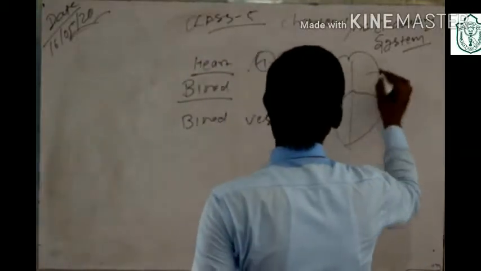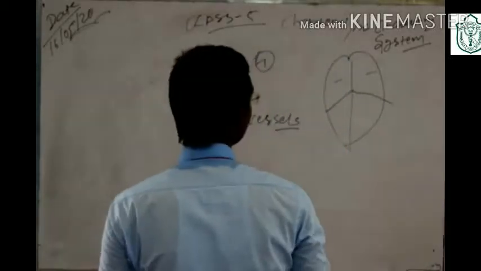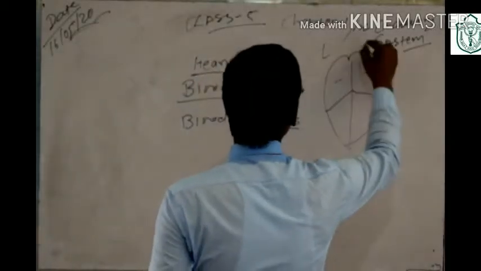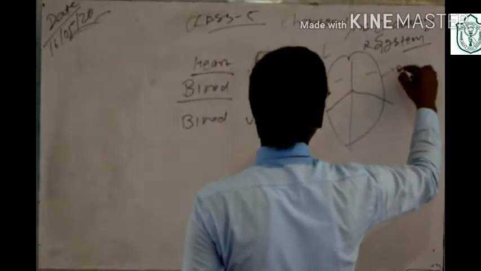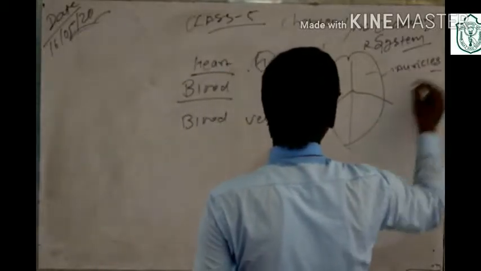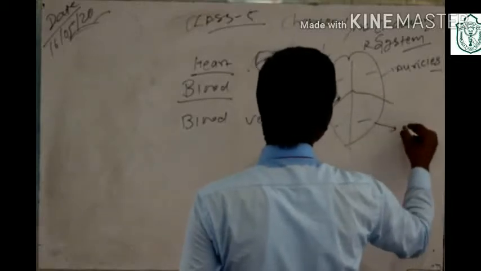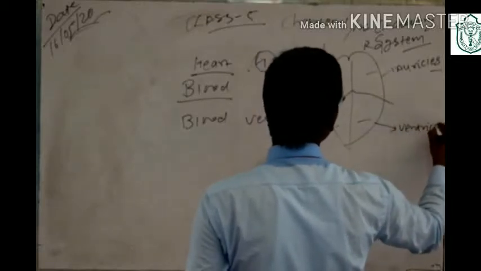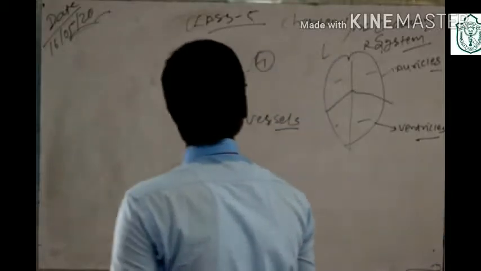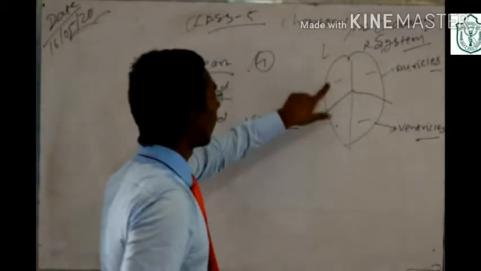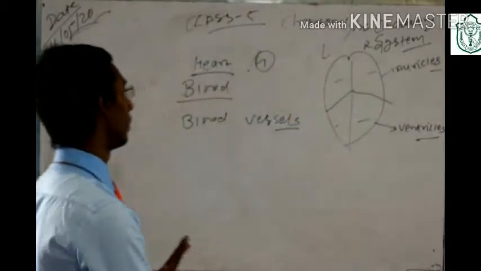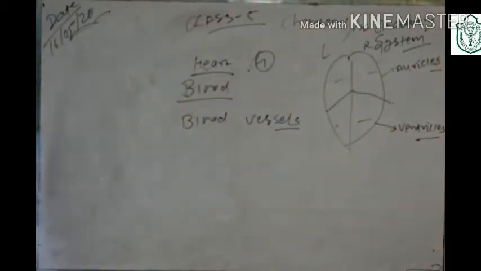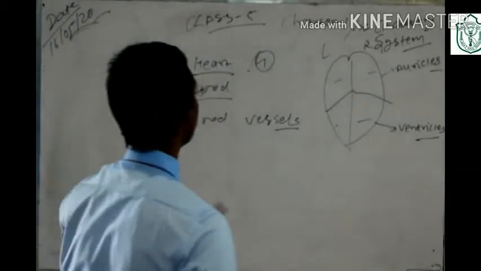The upper two, left and right, are known as auricles, and the lower 2 are known as ventricles. Right? So here we have: left auricle, right auricle, left ventricle, and right ventricle. By all the combination, we can see that there are 4 chambers in the heart.